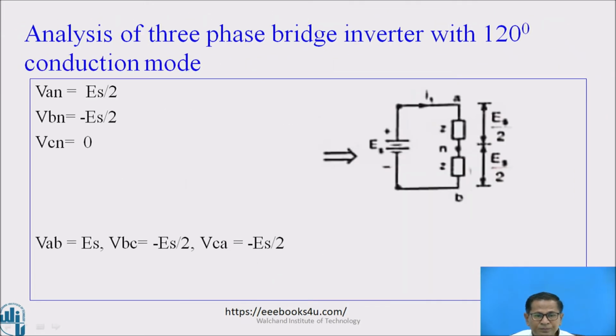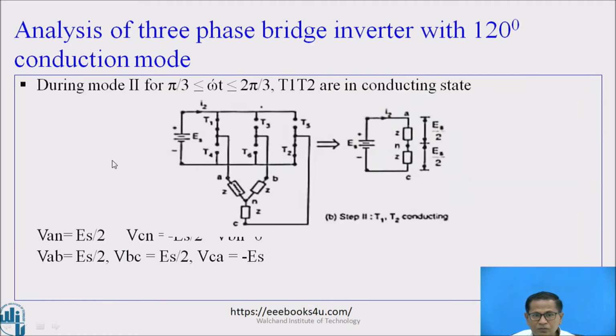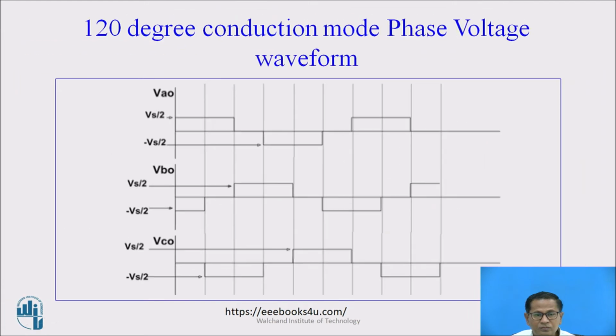In the mode 1, VAN is plus ES by 2, VBN minus ES by 2, and VCN is 0. Similarly, consider the phase voltage values from mode 2, mode 3, mode 4, mode 5, mode 6, and according to that draw the phase voltage waveform.